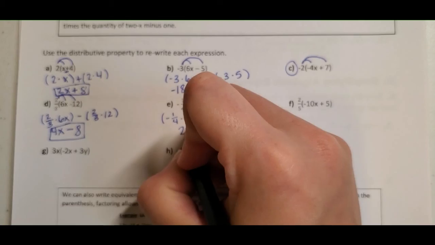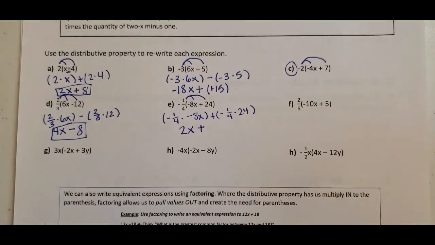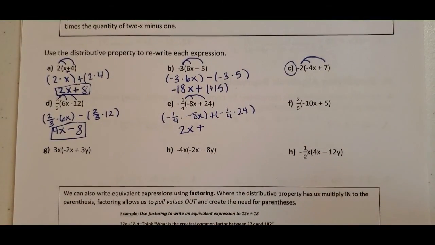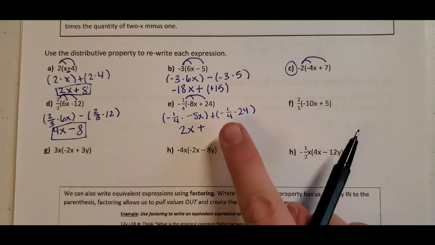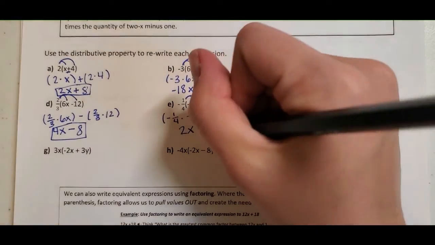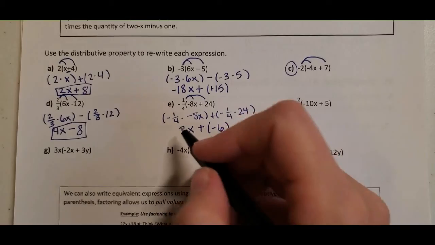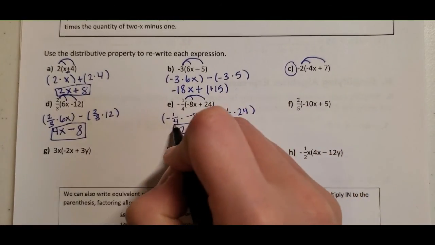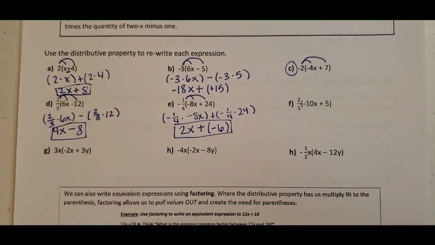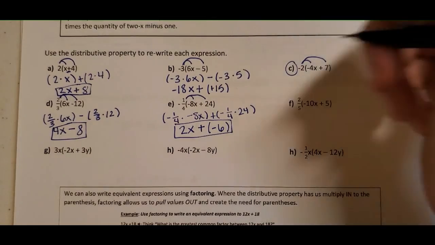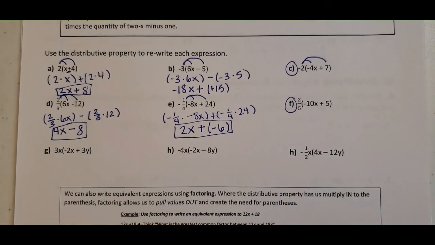So I have 2x plus 1 times 24 is 24. 24 divided by 4 is 6. And a negative times a positive is a negative. So I have a negative 6. So I have 2x plus a negative 6. I want you to try and do F.